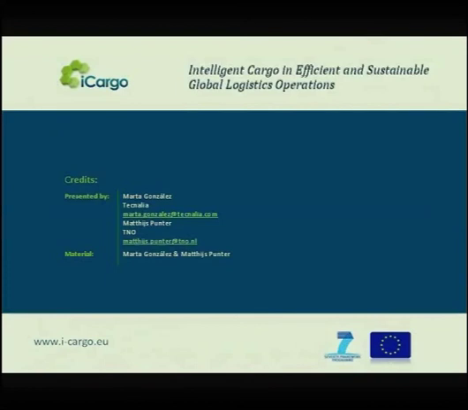And what you also see is that Logico is not only used here in the iCargo project, but also in the Cassandra project, where it is used for interactions between businesses and customs and other governmental organizations. So there are different uses there.